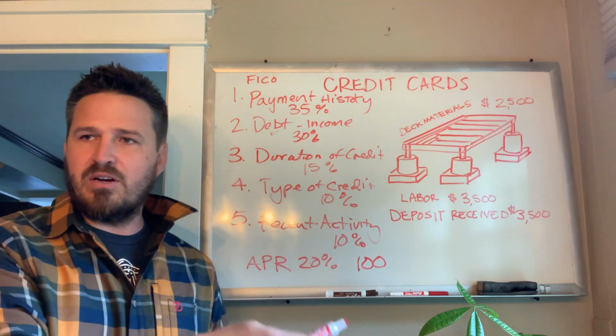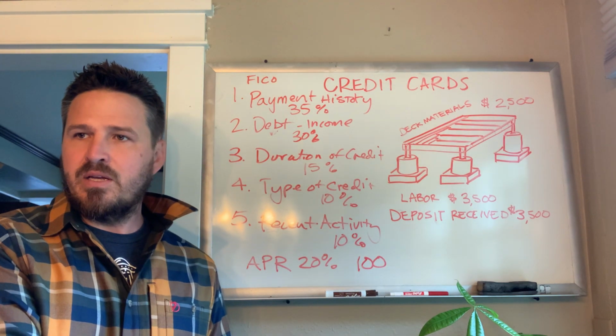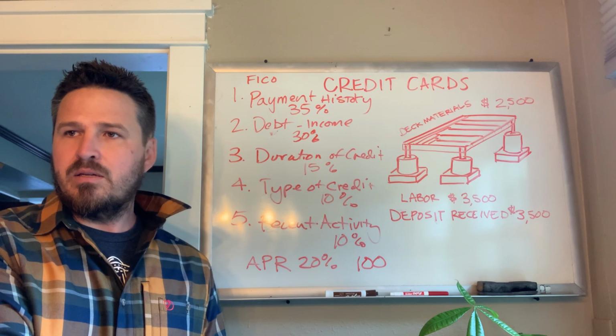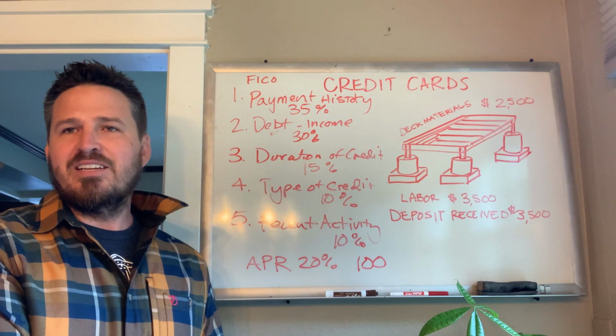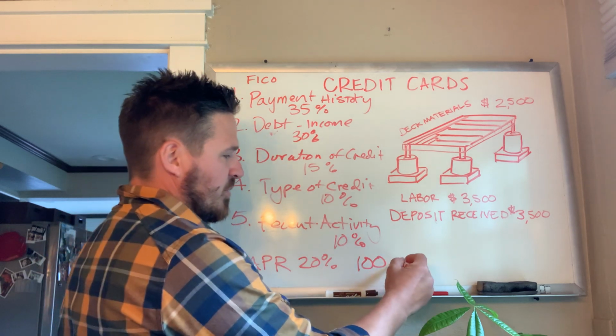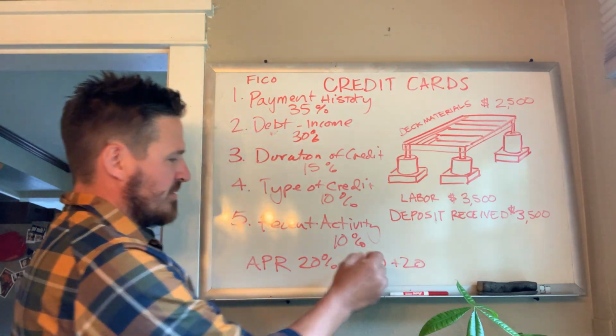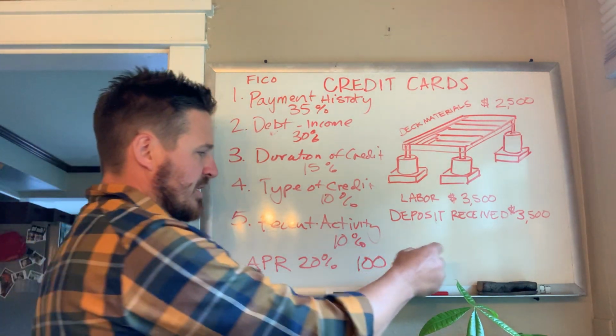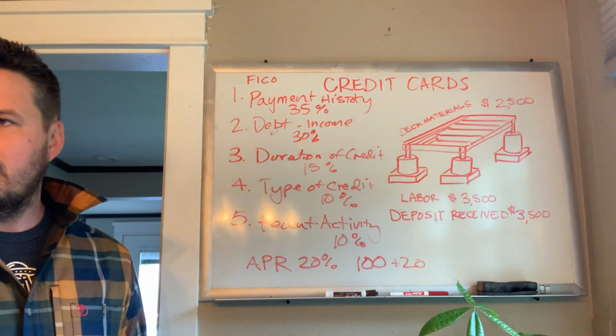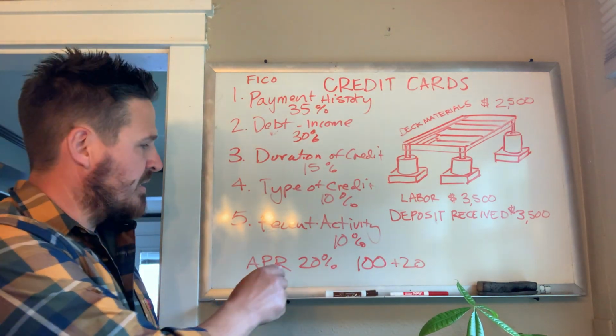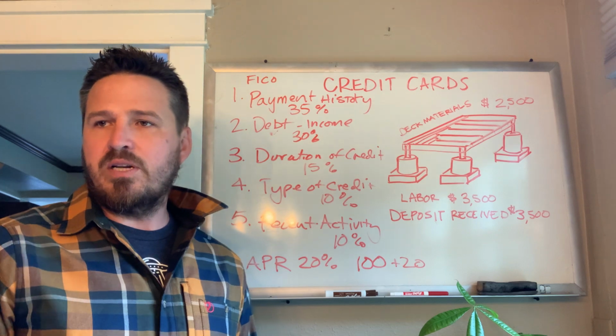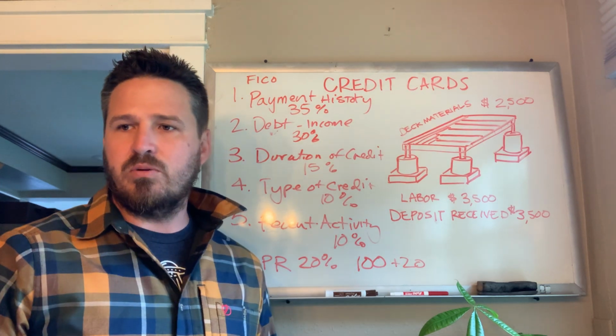What's 20% of $100? $20. Thanks, Amanda. So plus $20, right? So that's $120. So something that you bought for $100, if you don't pay it off at the end of the month, turns into another $20. So it actually costs you $120.